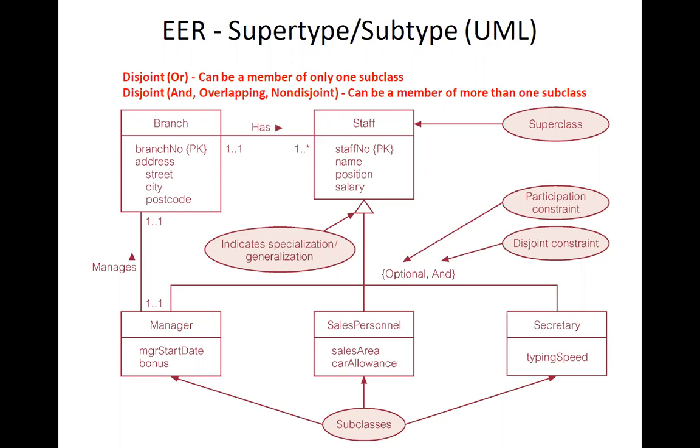So this is an enhanced entity relationship diagram. You can see we have a super type, staff, and then 3 subtypes, manager, salesperson, and secretary, right? And this is UML.